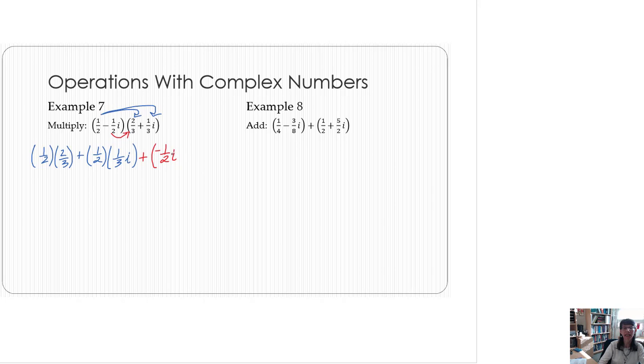So I'm adding a negative, which is the same as subtracting. And I'm multiplying by positive 2/3. And finally, negative 1/2 i is multiplied by positive 1/3 i. So that's addition of negative 1/2 i multiplied by positive 1/3 i.